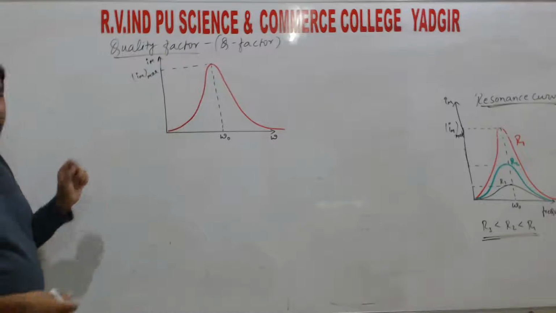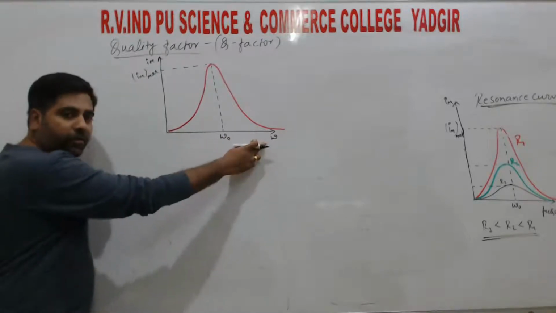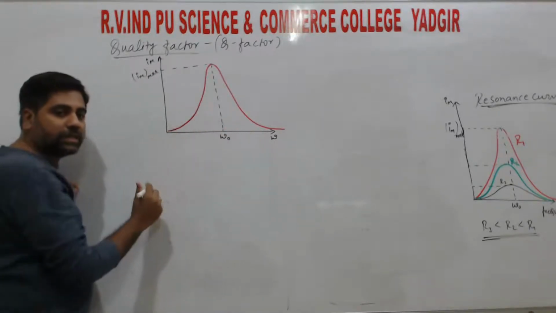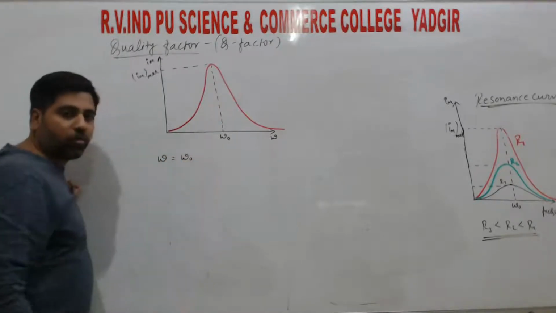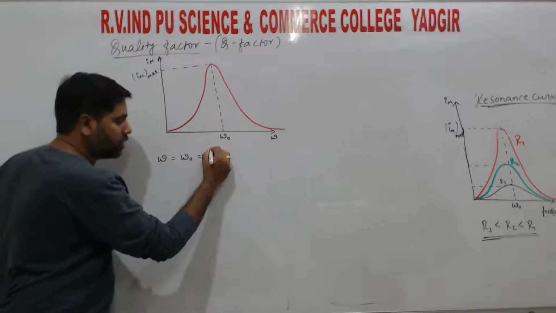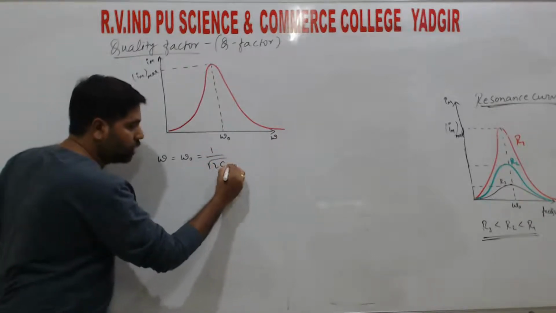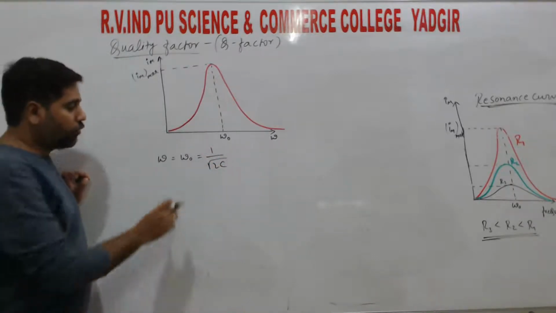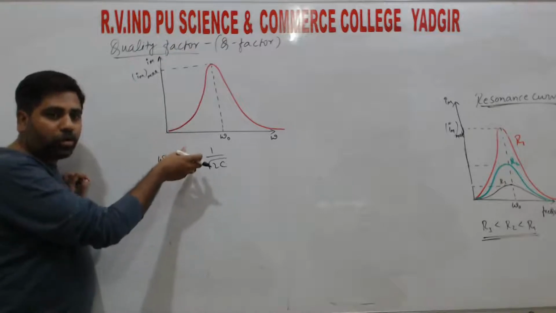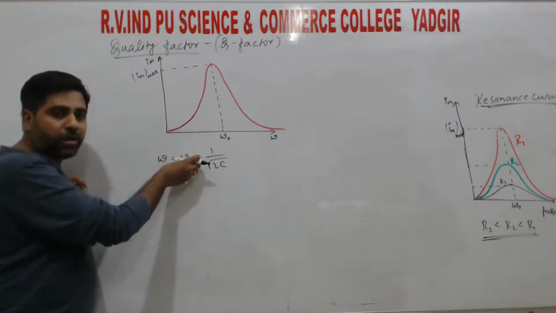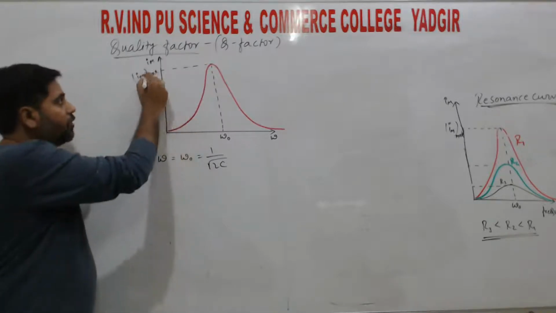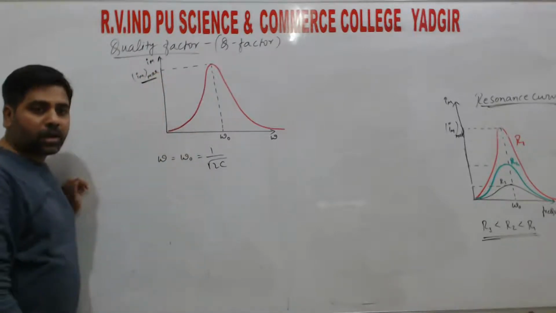So we get the I maximum when the frequency which we apply to the series LCR circuit is equal to omega naught, and the condition is omega naught is equal to 1 divided by root LC, right? So if the frequency of the input voltage that we are sending is at the omega naught value, then we are getting the maximum current, right?